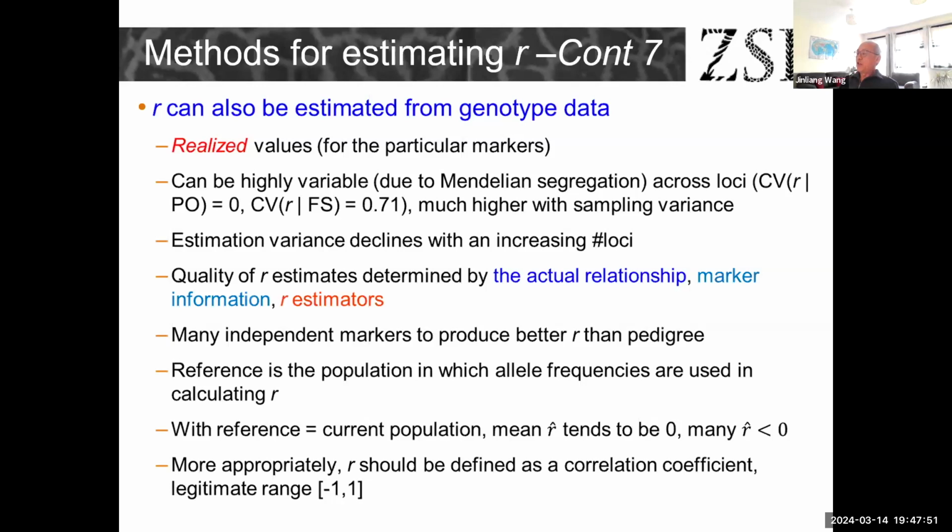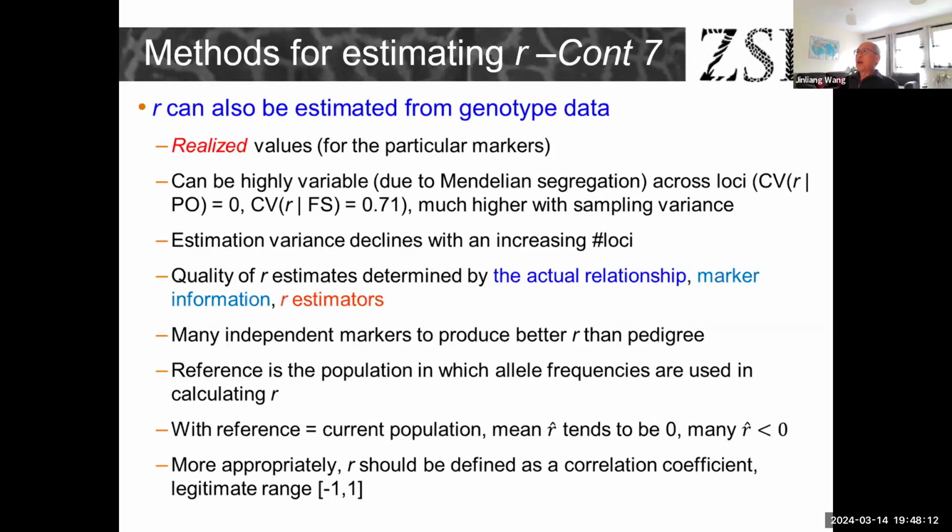They are smaller than 0. This is because the mean is 0. Some are bigger than 0, some are smaller than 0. Must be smaller than 0. So their mean is close to 0. That is because we are using the current population as the reference.